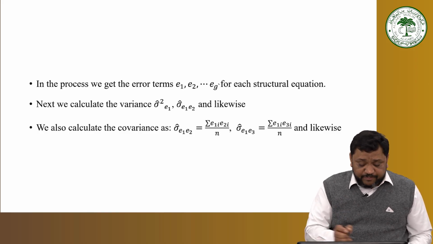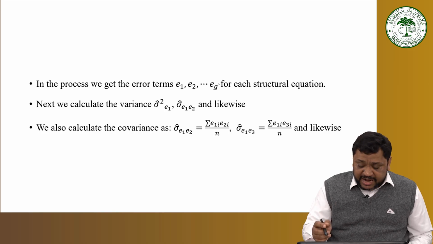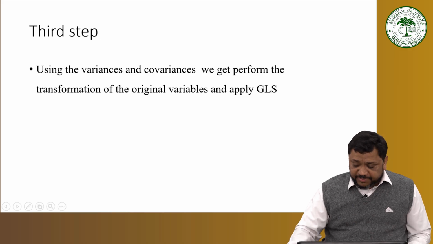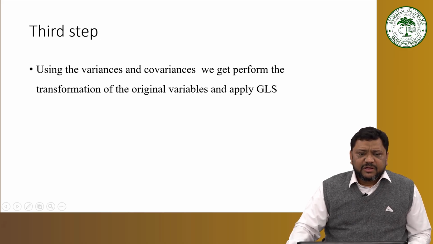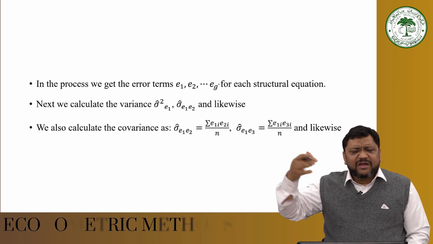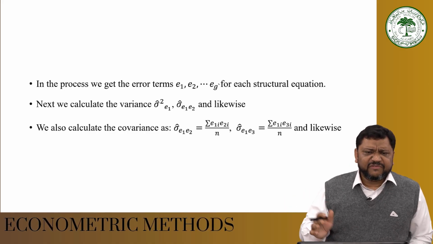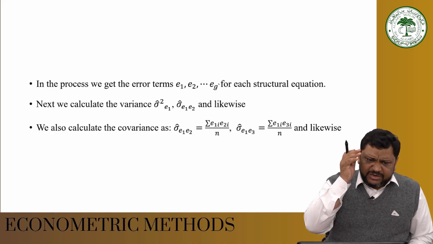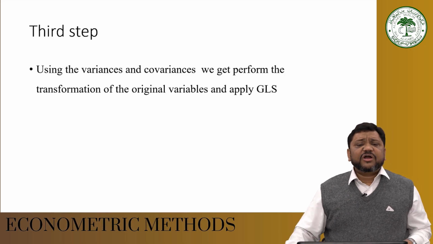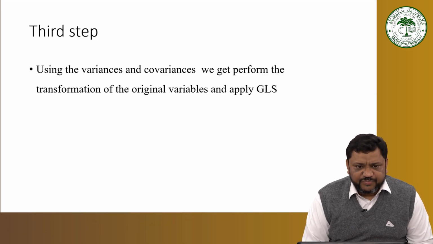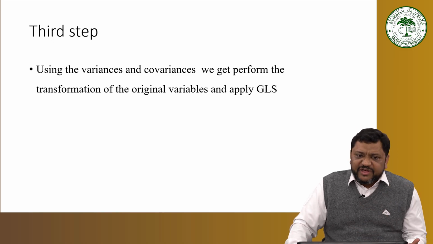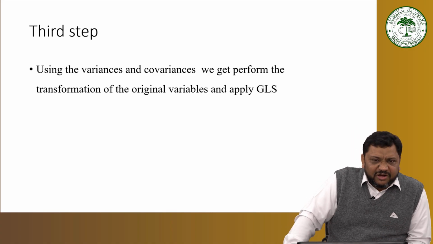Also the covariance sigma hat E1, E3 is equal to summation E1i multiplied by E3i divided by n. We can go on doing the calculation likewise. So we get the error terms, we can calculate the variance and the covariance, which are needed for the GLS method. Using this variance and covariance we perform the transformation of the original variables and then we apply the method of GLS.